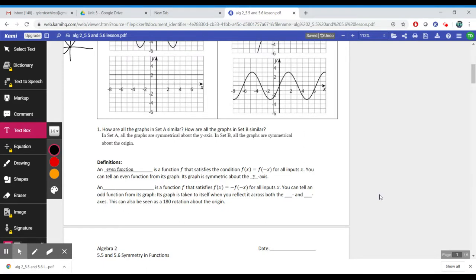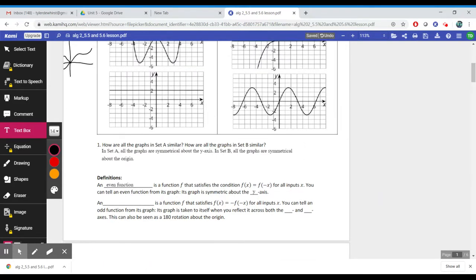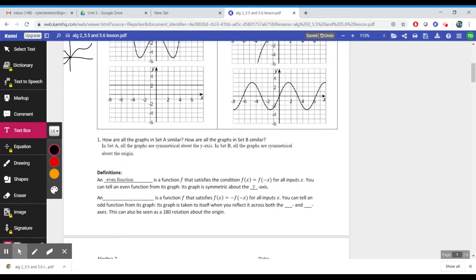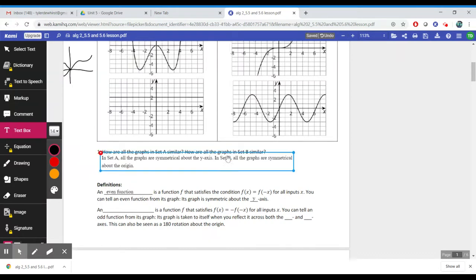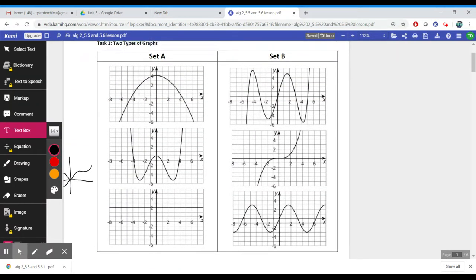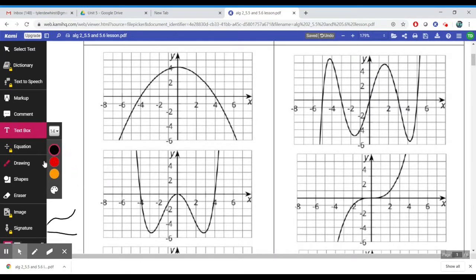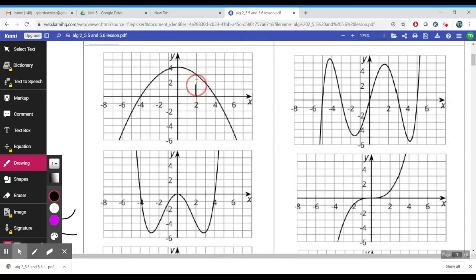So what this definition is telling us is that if you take any input on an even function and change the sign on that input, the output of the function will be the same. Let's go ahead and look at an example up here. We can see on the first graph in set A, we'll use 2 as our example here. f of 2 is right here at this point, 3. f of negative 2 has the exact same output as f of 2, also 3.